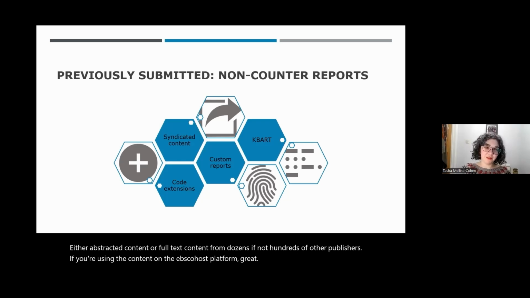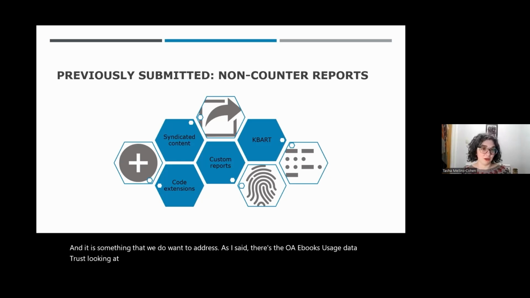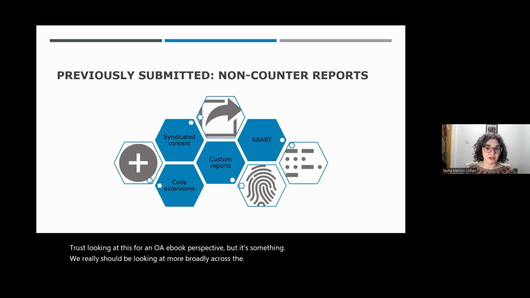If you're also seeing usage from the source publisher, that's also great. But there's no current mechanism to bring together all of the usage of that content from every platform in one place. And it is something that we do want to address. As I said, there's the OA eBooks Usage Data Trust looking at this from an OA ebook perspective, but it's something we really should be looking at more broadly across the full publishing industry.